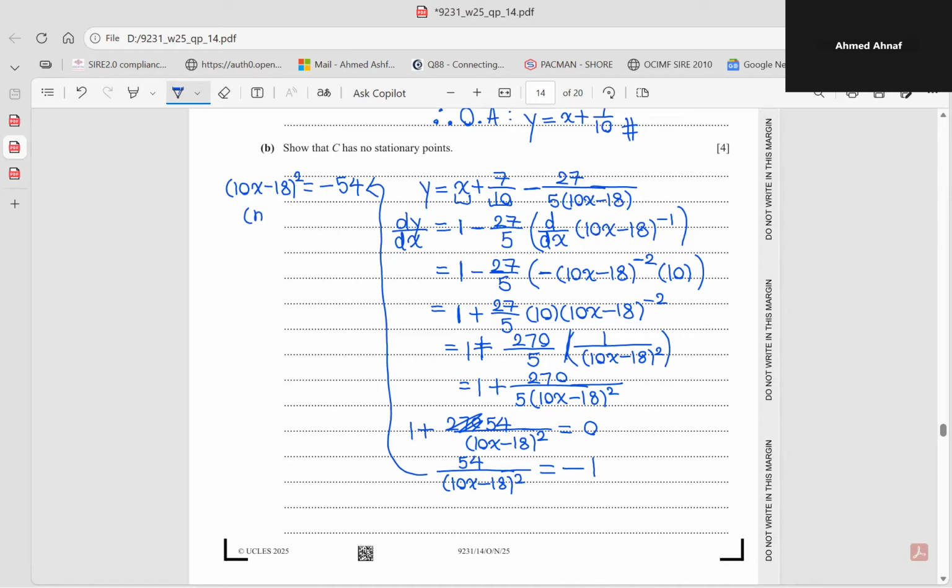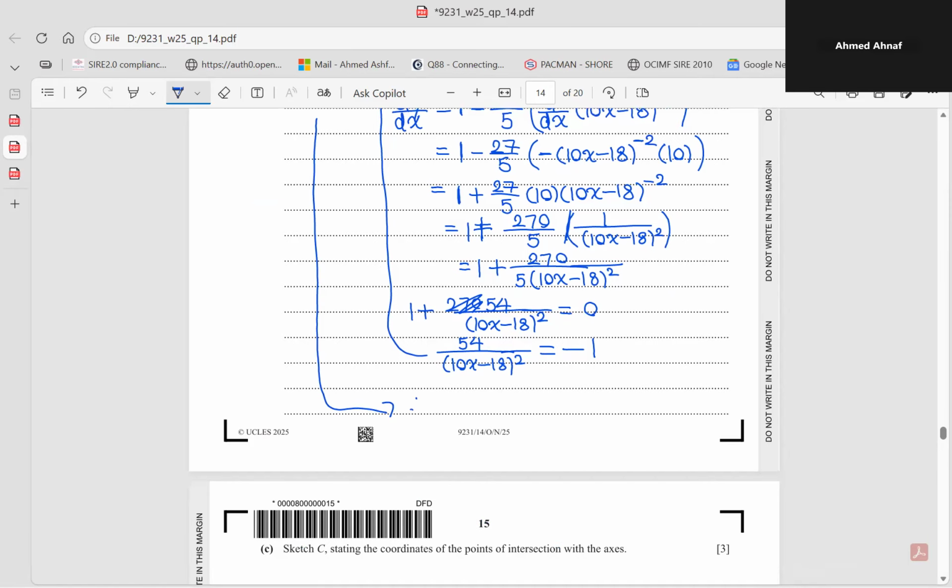So therefore we can say no real solution. And back to here, therefore dy/dx cannot equal 0 and there are no stationary points.